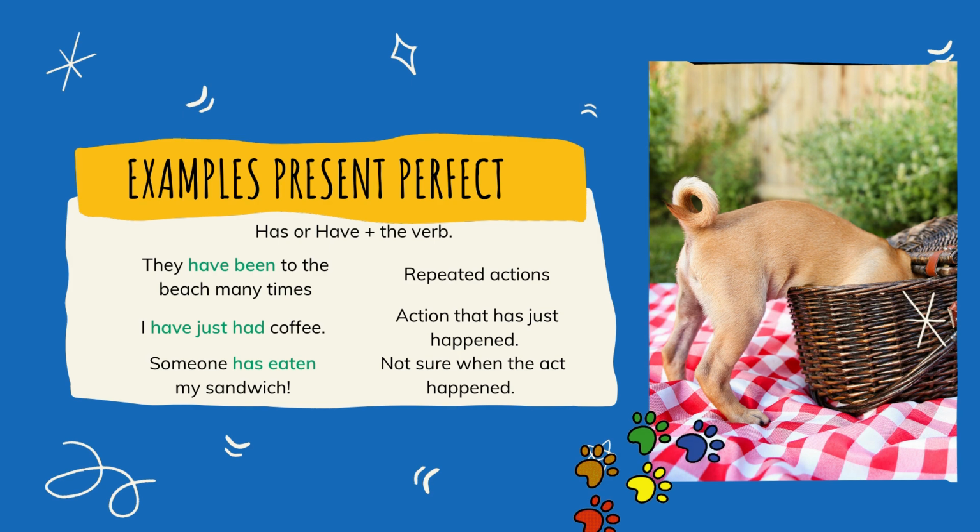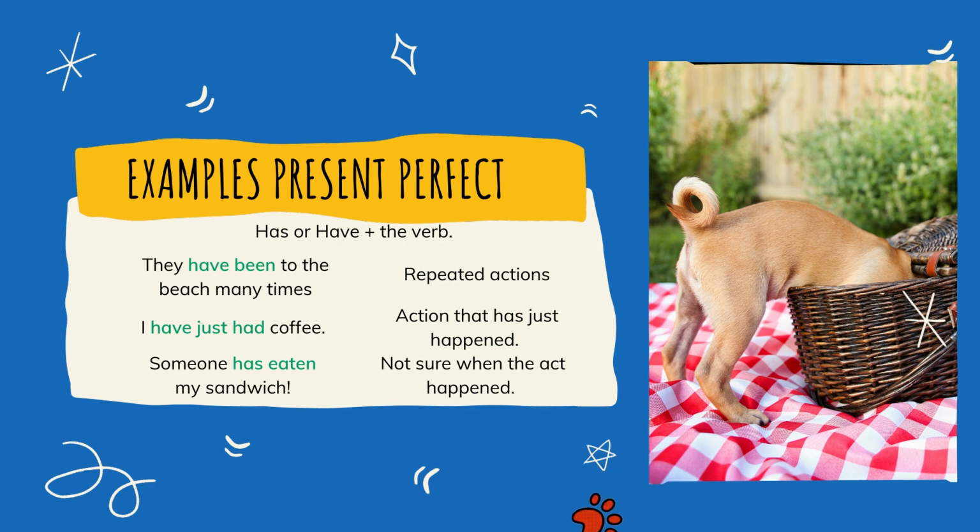Let's take a look at some examples. First, when you're using the present perfect, you add has or have plus the verb. They have been to the beach many times.